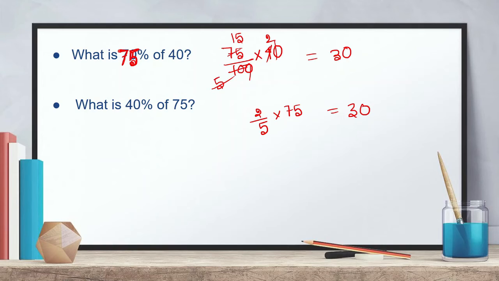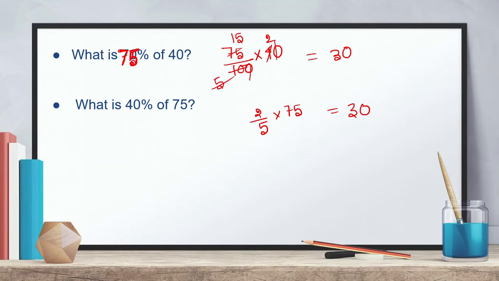We remember that 20% is equal to 1 by 5. So 40% will be 2 times 1 by 5. So that's why it is 2 by 5 cross 75 is equal to 30.